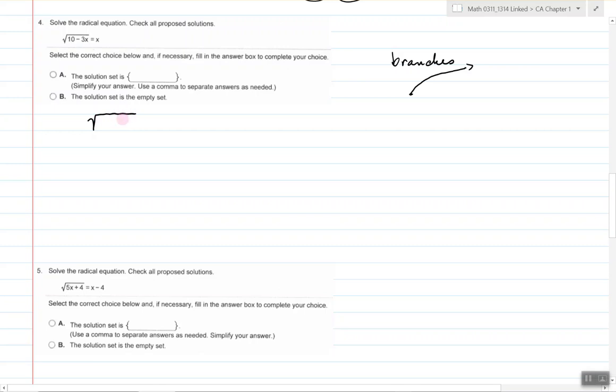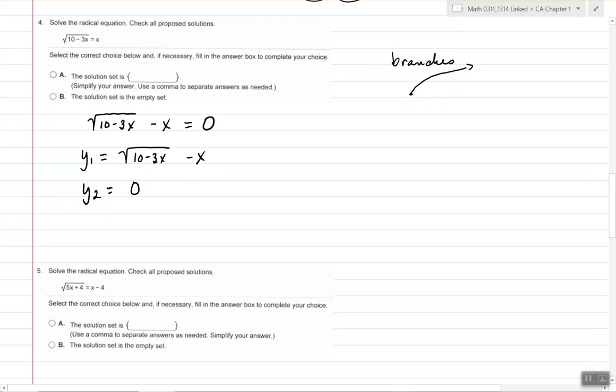So I'm going to have the square root of 10 minus 3x minus x equal to 0. I will have y1 equal to the square root of 10 minus 3x minus x, and y2 is 0. Now I'm not sure, ours may have deviated from this shape a good bit, but we'll just see.